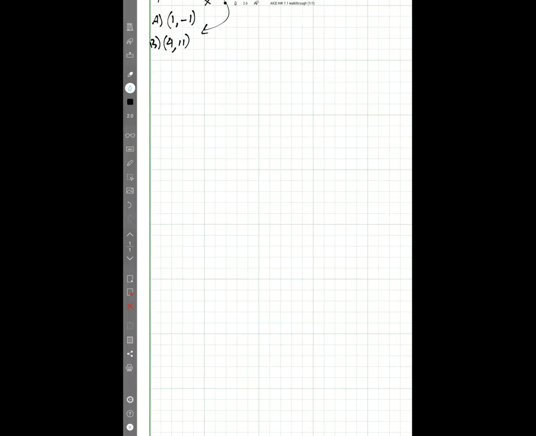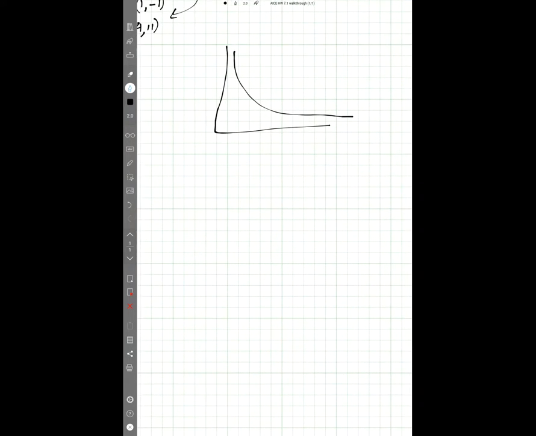So let's try to draw a picture. This is a 1 over x problem, so we're going to look something like that. Actually a negative one, so maybe something like that.